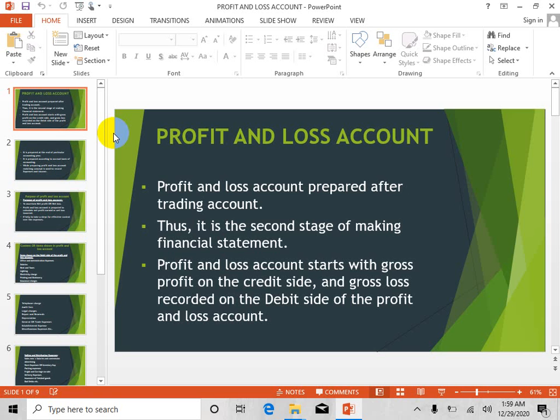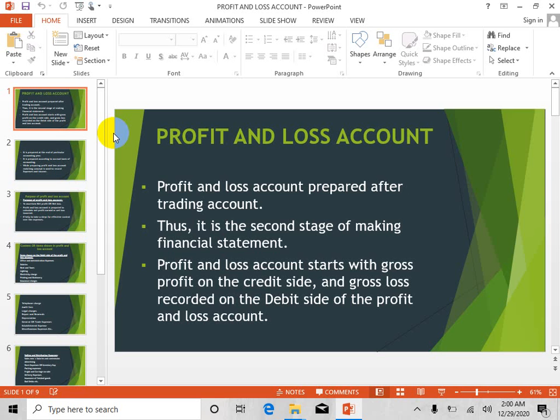Thus the profit and loss account is the second stage of making the financial statement. The first stage of the final income statement is the trading account, and the second stage is the profit and loss account.